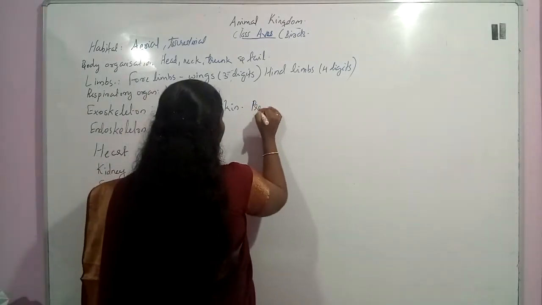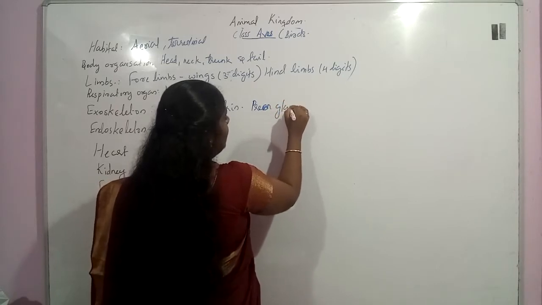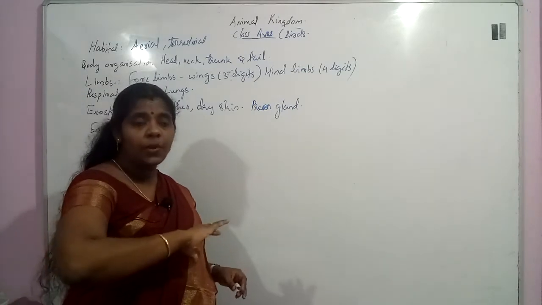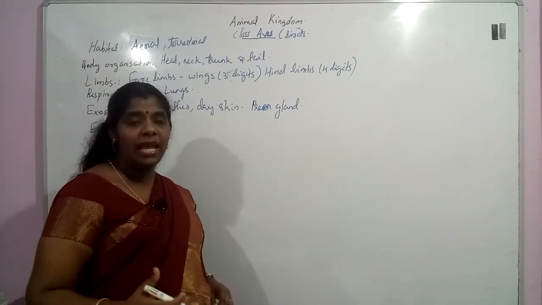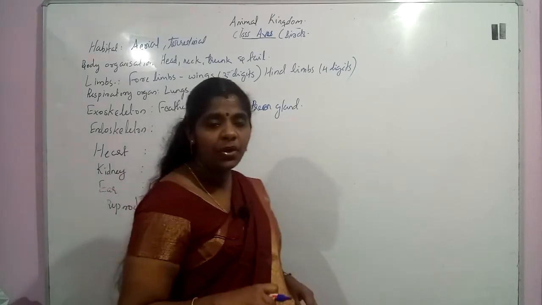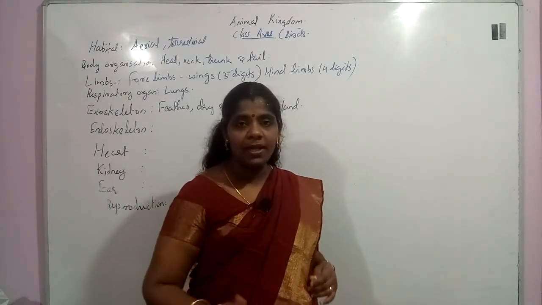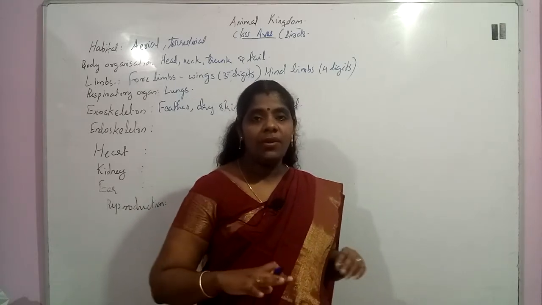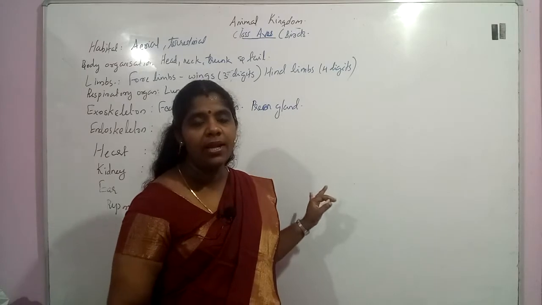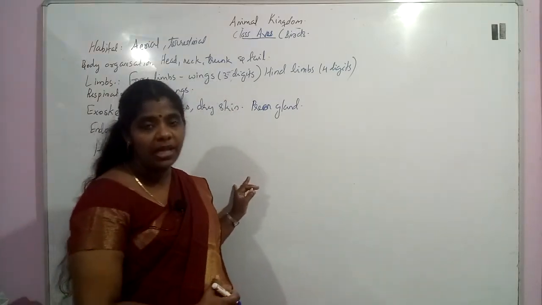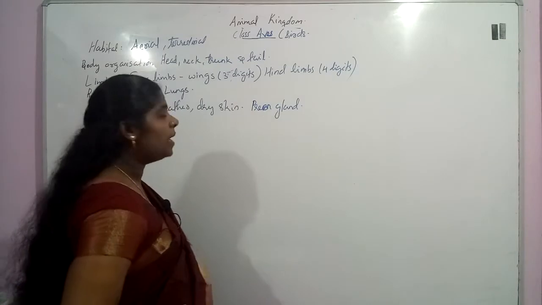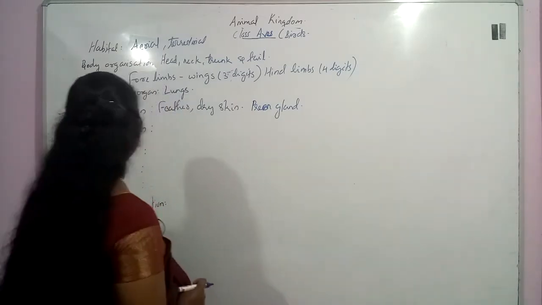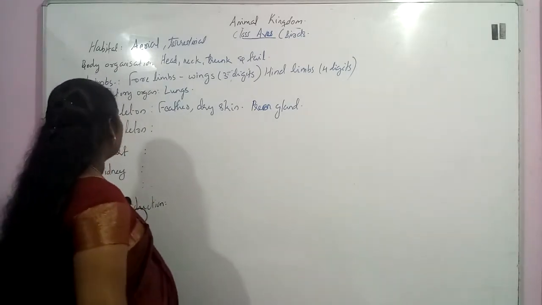What this preen gland does is secrete some oil that helps in spreading over the surface of the feather. When a feather touches water, the water does not stick to it, it just flows off. That is because of the oily coating from the preen gland's oil secretion, so the feather does not hold water. So that is from the preen gland. It is present in the tail region of birds.